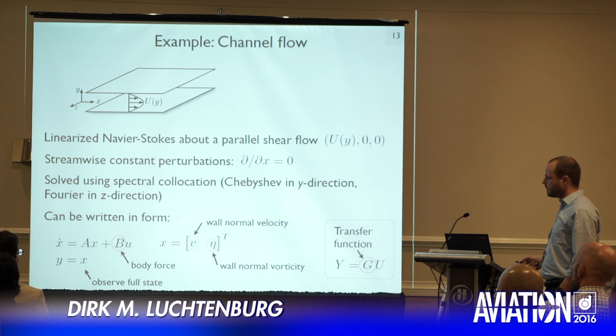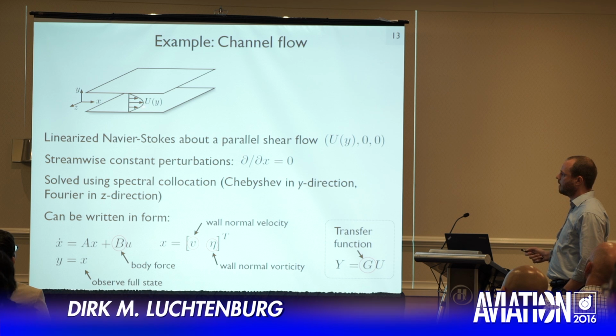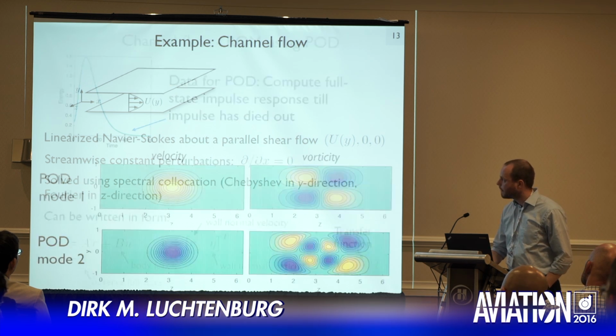And like I said, the dynamics are linearized, so they evolve according to this equation here. Somewhere in this domain, we're going to have a perturbation, a body force that will provide the input to our problem. And we assume we observe all states.